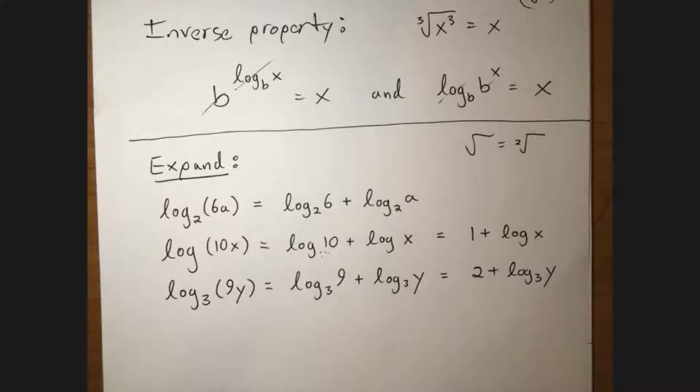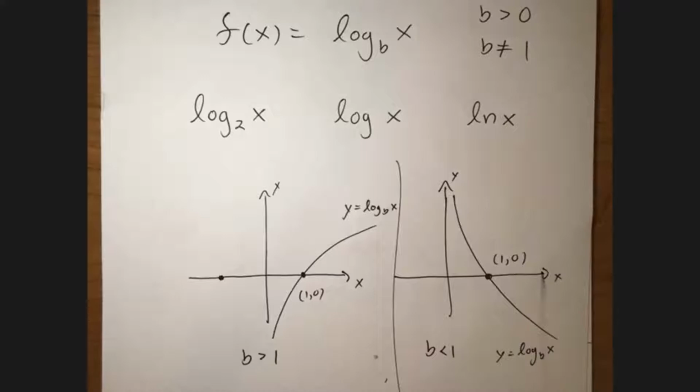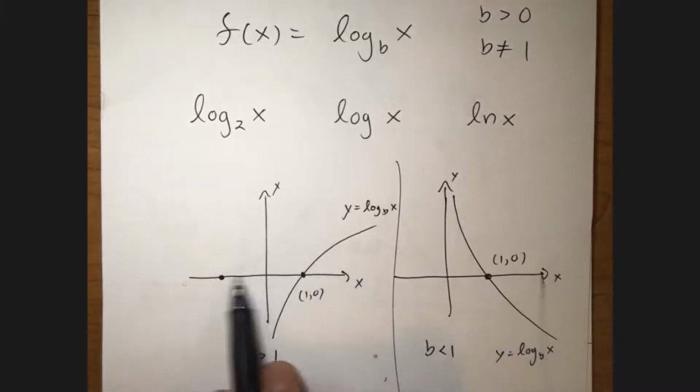If the number was negative, well, okay. Neither of these can be negative. Remember, the base is not allowed to be negative. It's always positive, not equal to 1. And if you remember the graph of the log function, look at its domain. The domain is the set of x values for which it's defined. It's not defined over here.